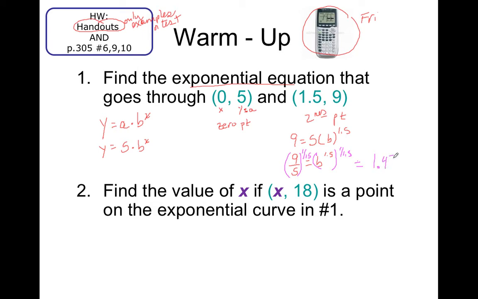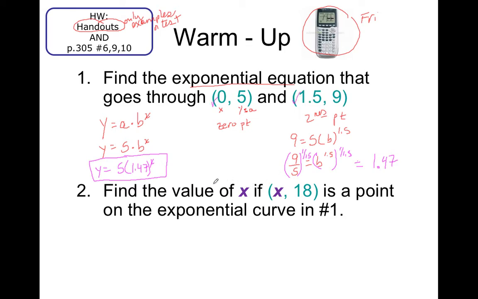You get 1.47. So my equation then is y equals 5 times 1.47, excuse me, to the x. And that is the exponential equation that goes through these 2 points.